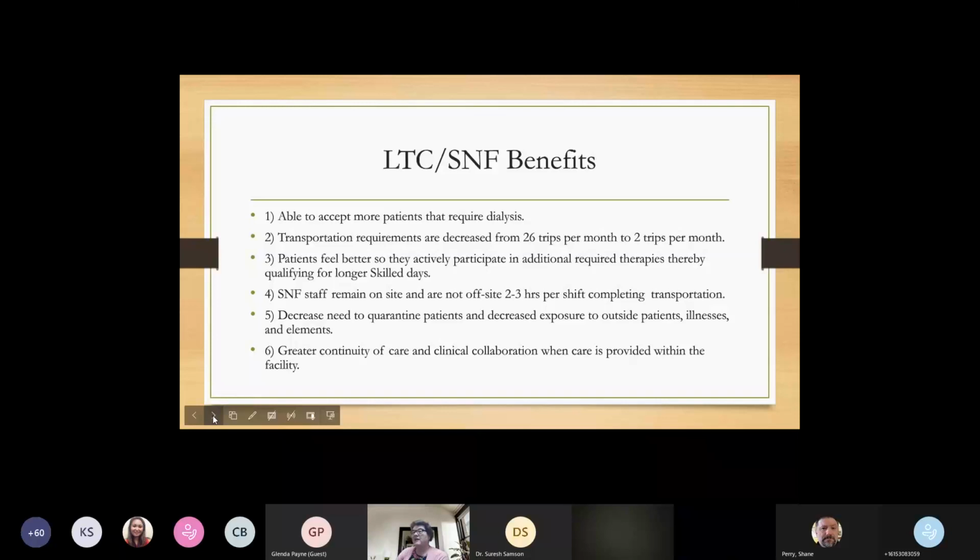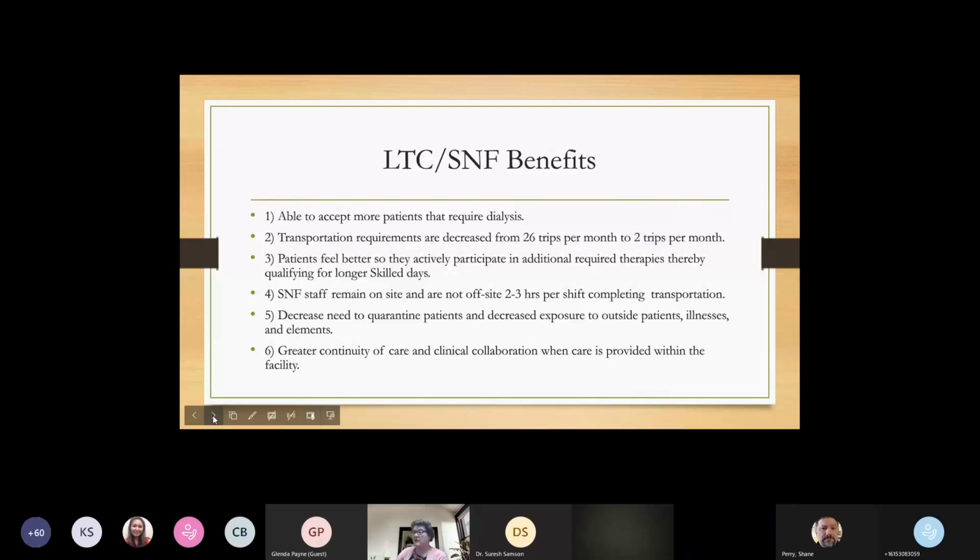And we've talked about the greater continuity of care and clinical collaboration that is provided when we're right there in the facility. If you have a patient that's having a bad day, or a patient that had a bad night, we're communicating on a daily basis with the care providers for that patient. And we let them know if the patient had a great treatment.